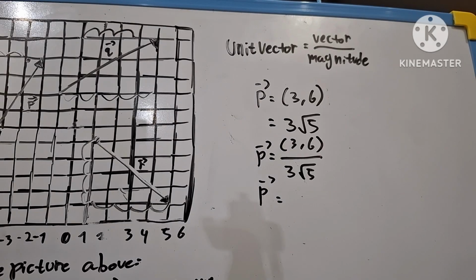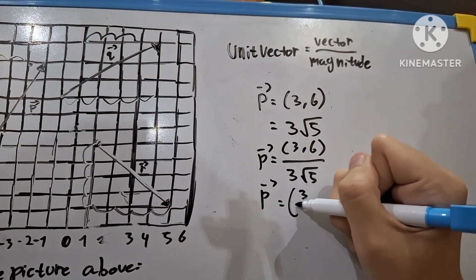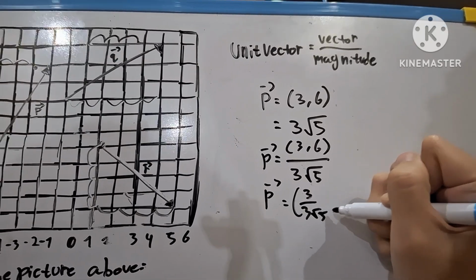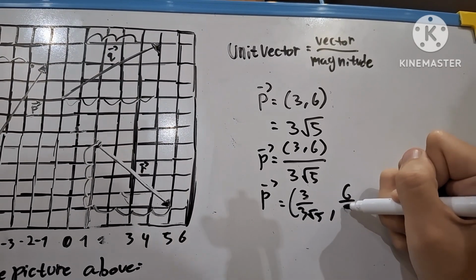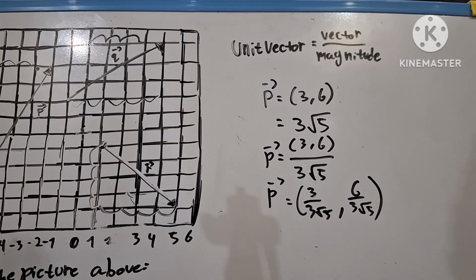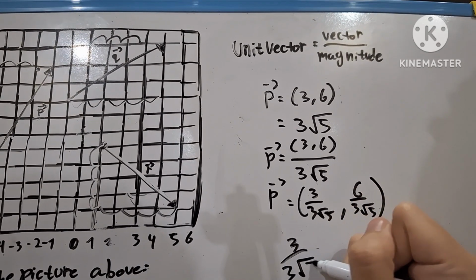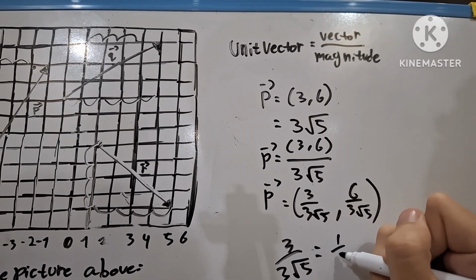Go down and make it a big bracket: 3 over 3 root 5, 6 over 3 root 5, and close the bracket. Then we'll go down again and make it 3 over 3 root 5.